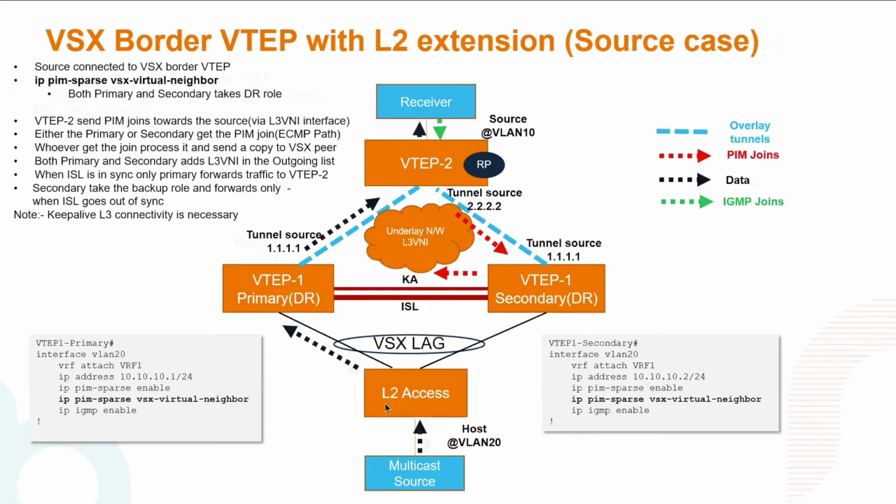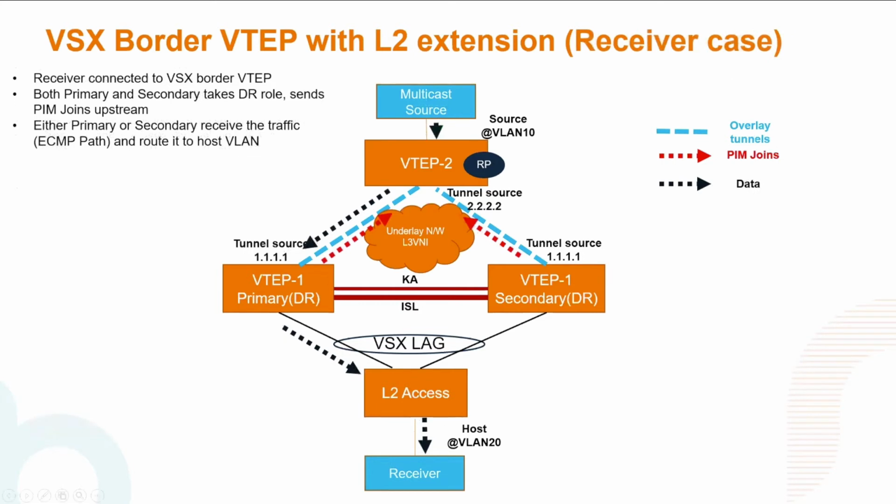Next, let's go to the receiver case. This is the same topology as what I showed before. The only difference is you have the receiver on the L2 access switch, and this side is inside the fabric, while the L2 access is outside the fabric.